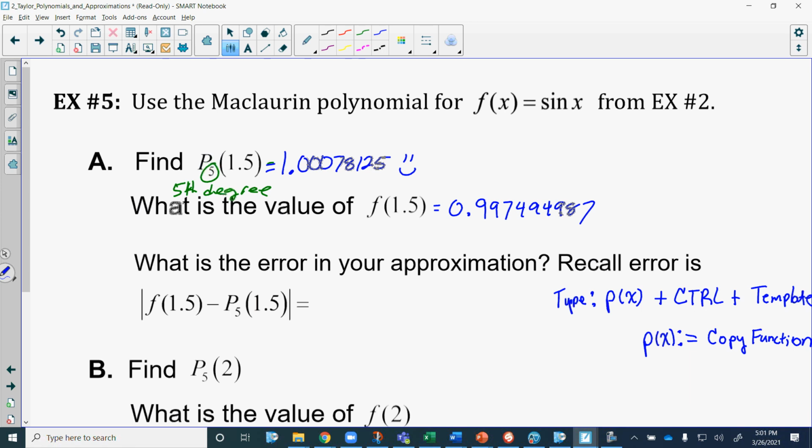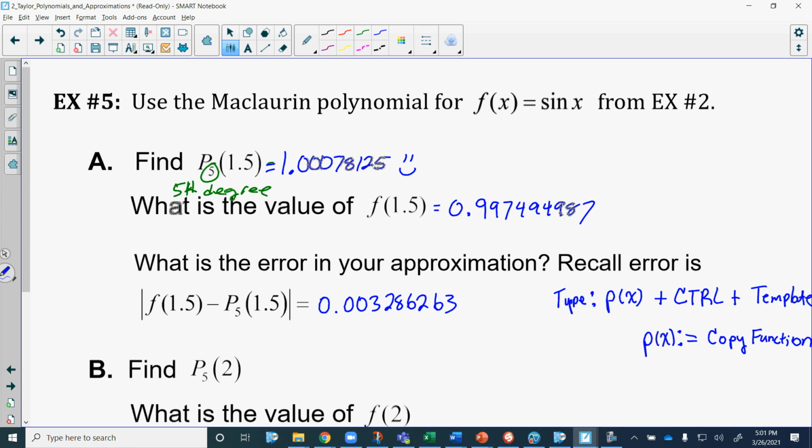So we take the absolute value difference of whatever we have, because we never know which one's going to be bigger or smaller until we actually do the numbers. And when I do, the actual error here is 0.00328663.